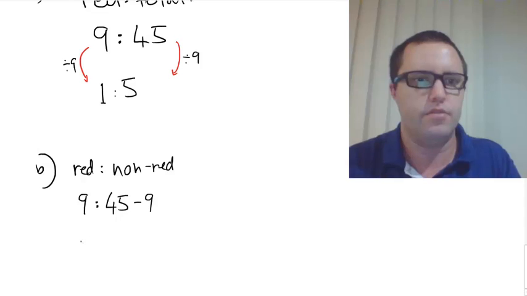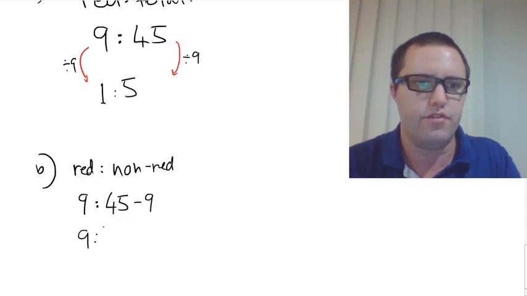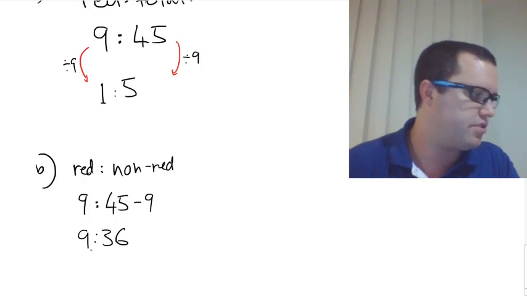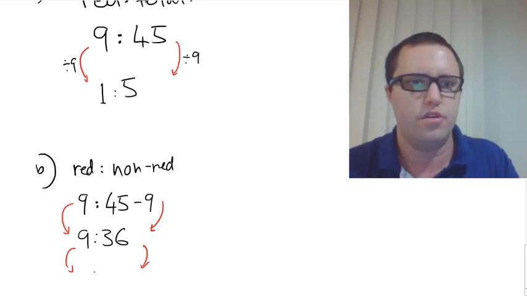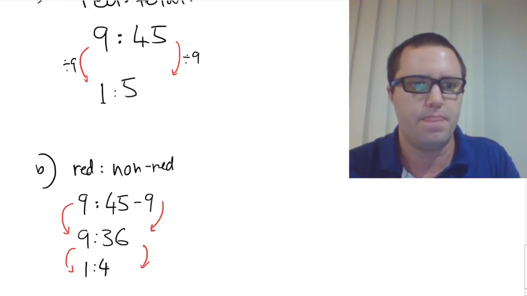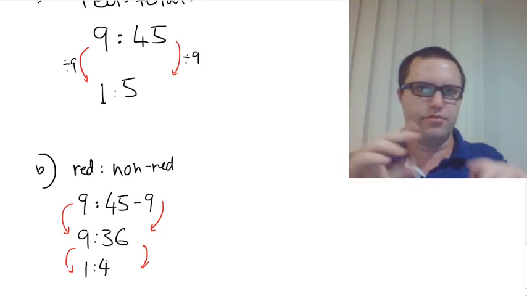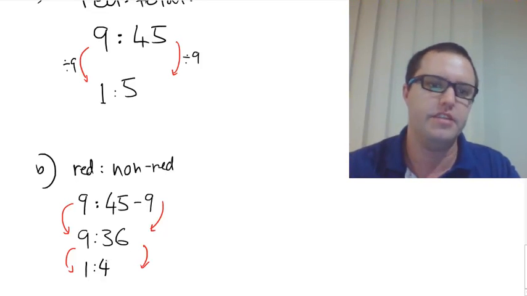And then we get 9 is to 45 minus 9, which is 36. 9 is to 36. As we saw earlier, that can be simplified to 1 is to 4.